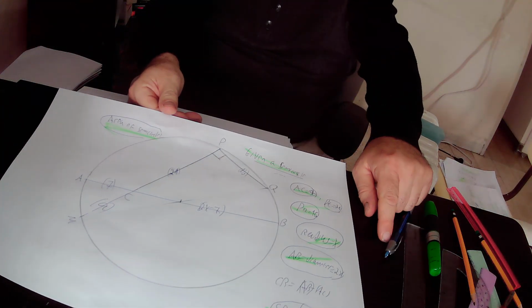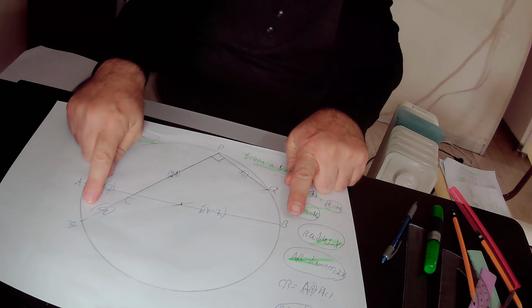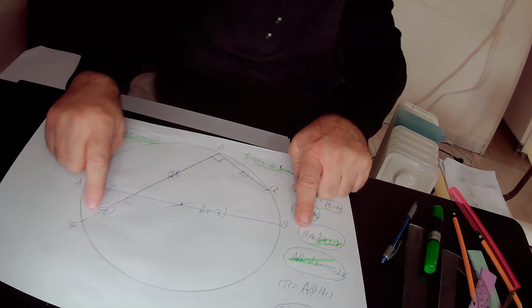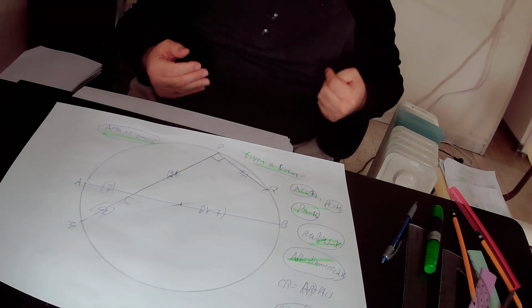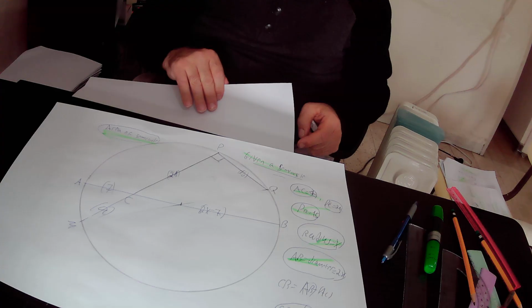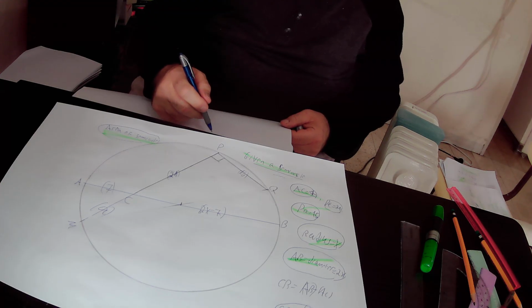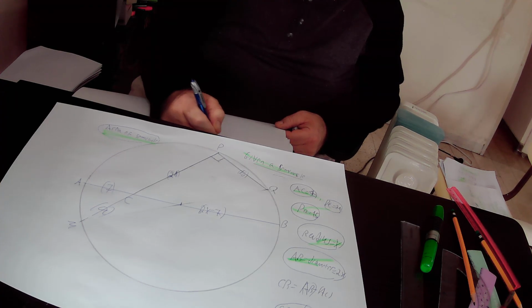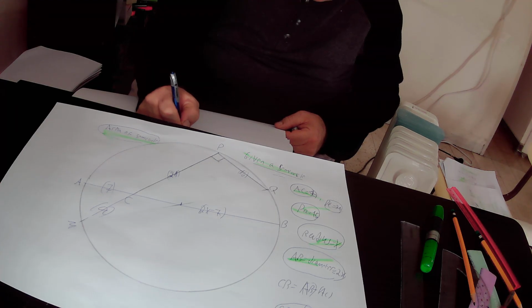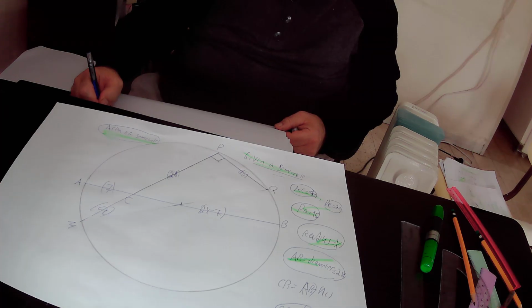So we can implement rule 65 in our drawing. This is chord AB that intersects with chord PM at point C. Again, chord AB intersects with chord PM at point C. So all the requirements of rule 65 are satisfied, and therefore we can implement rule 65 here.